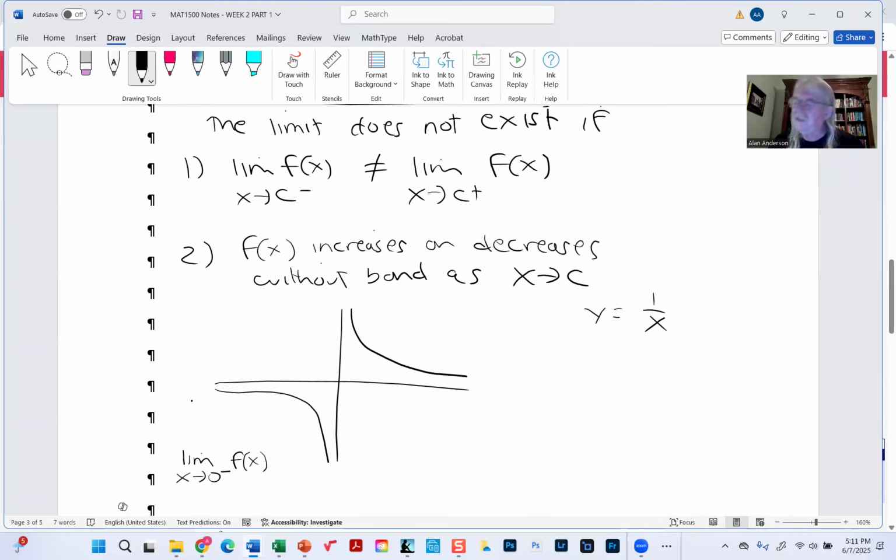It's rapidly approaching negative infinity. Whereas on the right-hand side, it's the other way around. And again, because the two are not the same, they're not both positive infinity or both negative infinity. If they were, we'd be all okay. That actually would be the limit, but that's not the case here. So here we say that the limit does not exist.